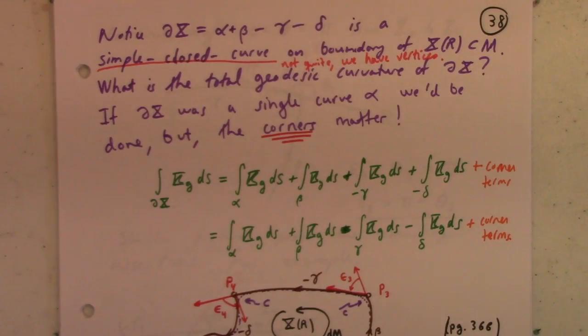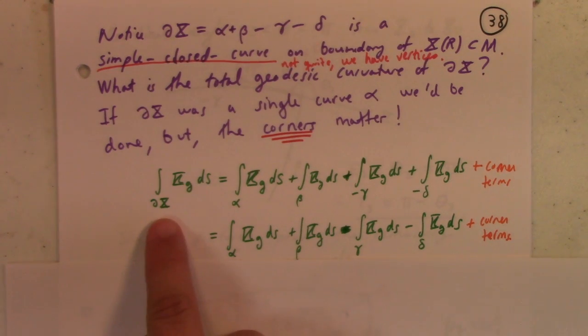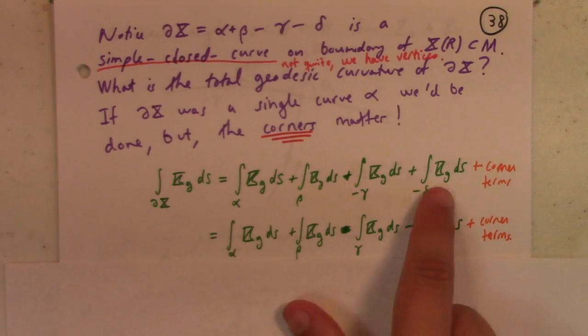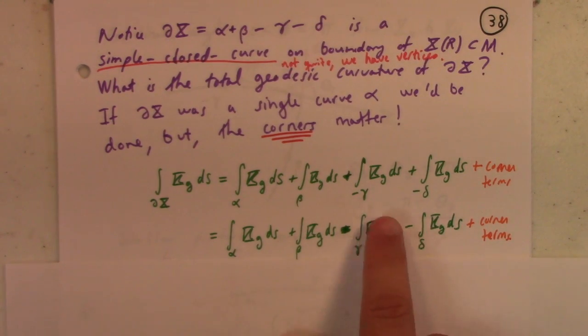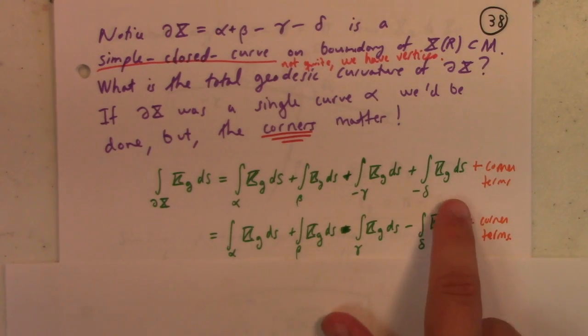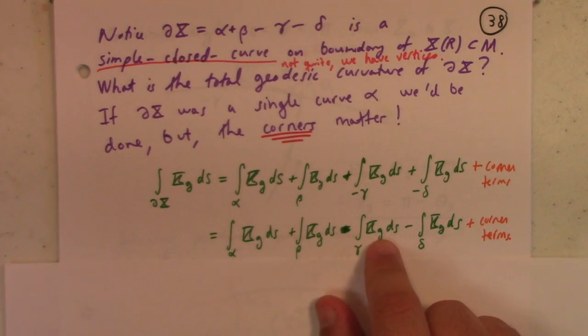Now, here's a picture. As far as the boundary of X goes, it's this plus this plus this plus this, and then the minus pulls out because this is oriented. Because the geodesic curvature flips signs when you reverse the orientation of the curved segment, more specifically.